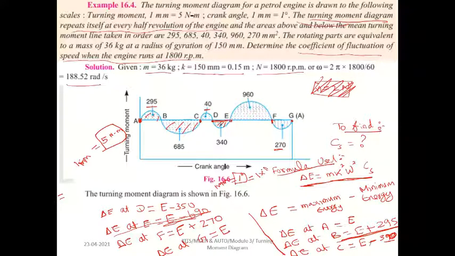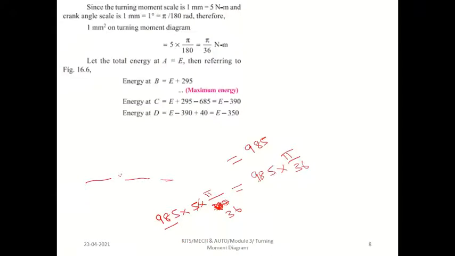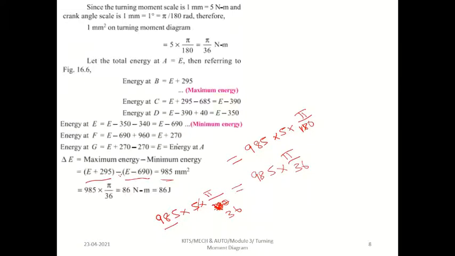So 1 degree equals 1 into pi by 180 radian. So we have to write 985 into 5 into pi by 180. If we cancel 5 and 180 we will get 36, that's what they have given here: 985 into pi by 36. So the final answer is 86 joule. So del E is 86 joule.